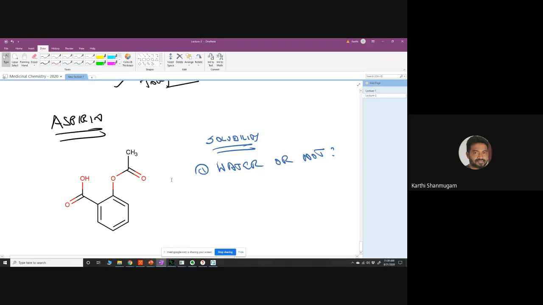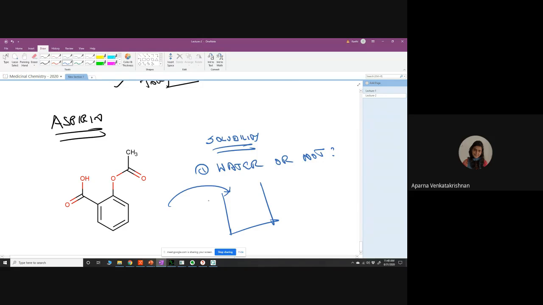If no, what's the reason? Again I repeat my question: whether this molecule, aspirin, will be soluble in water or not. If I take water as the solvent and try to dissolve this molecule in water, will it dissolve or not?